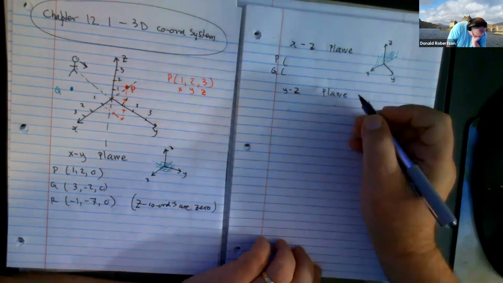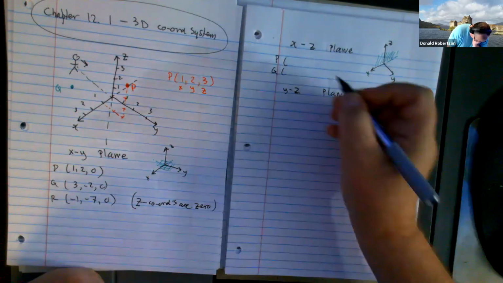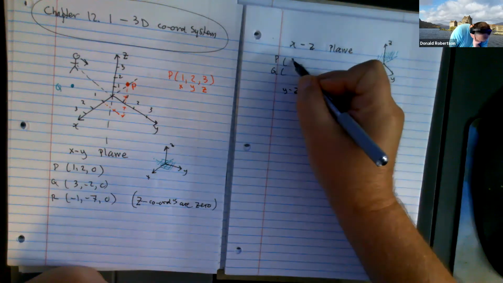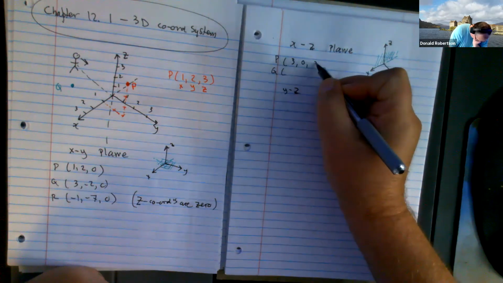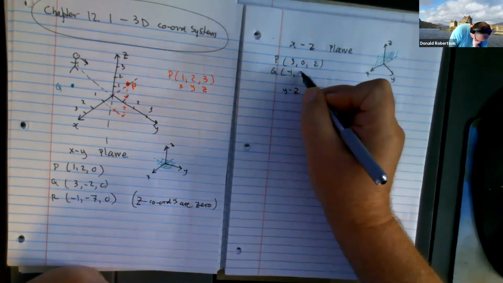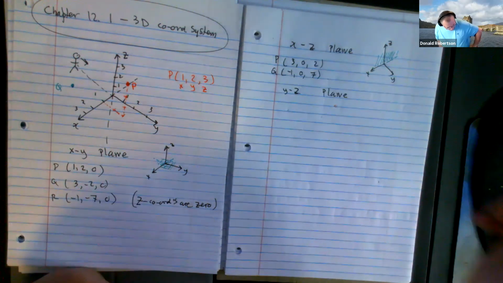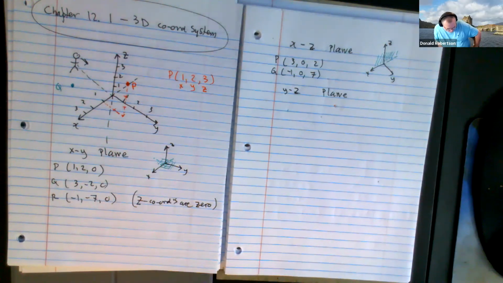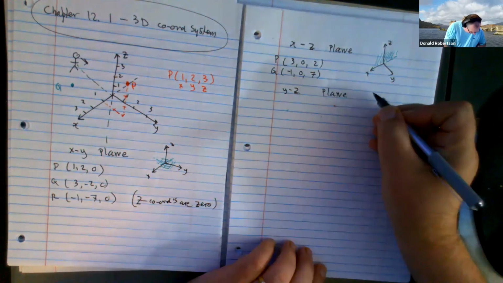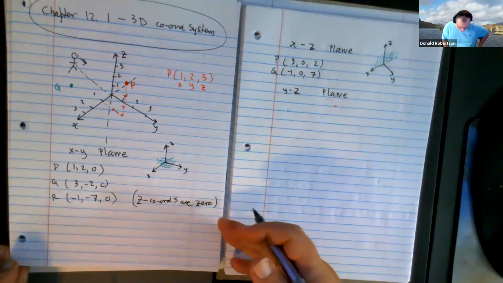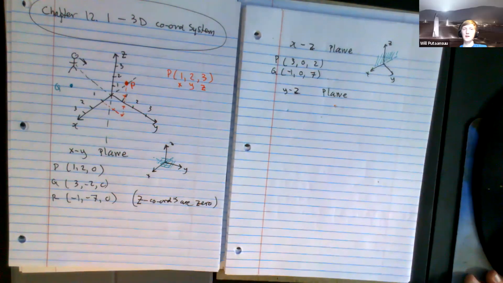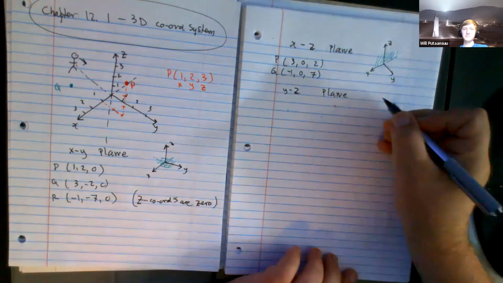You might get a guy like this. What's special about the coordinates of all the points on the XZ plane? The Y coordinate is 0.